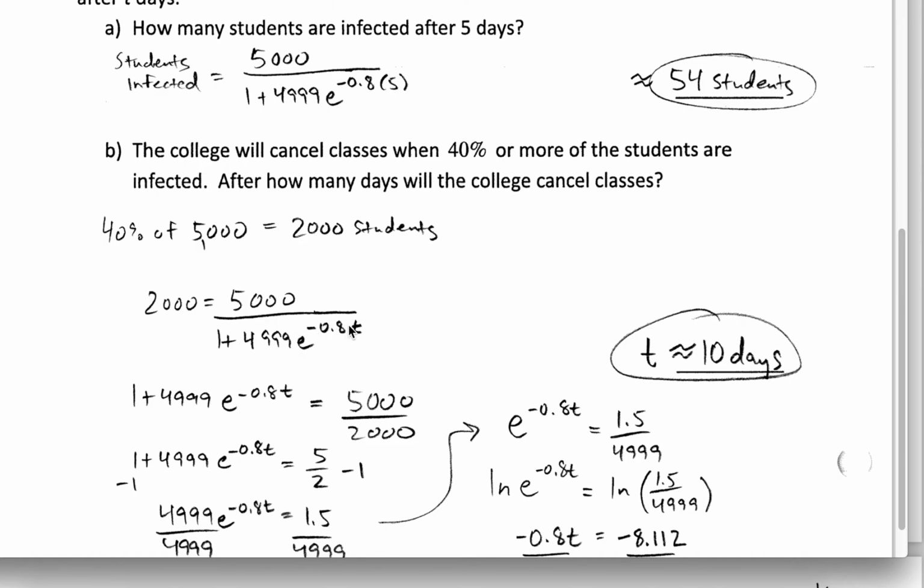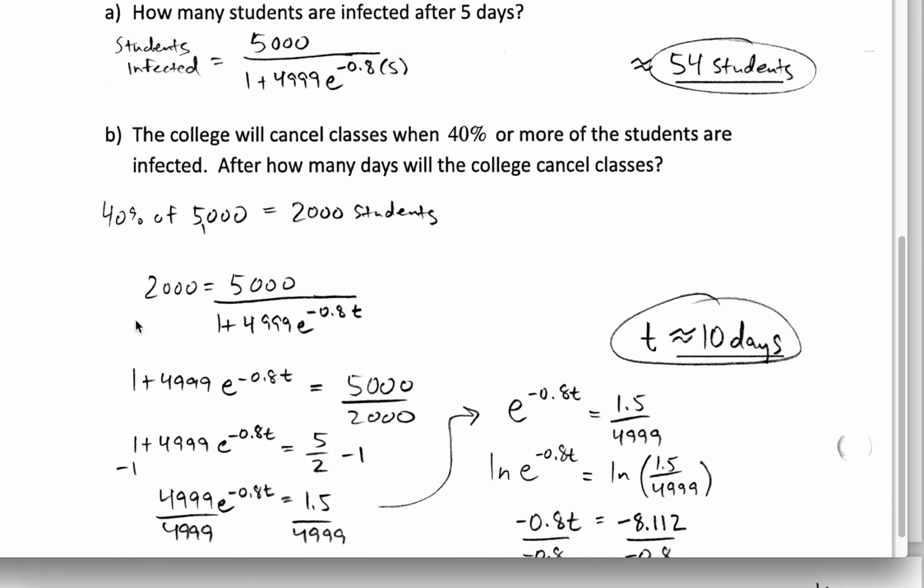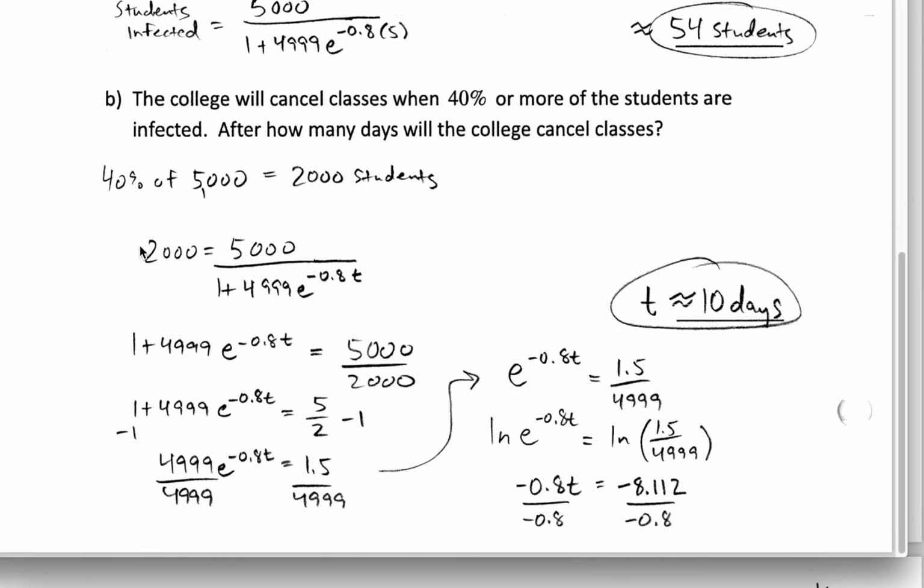First step, we are dividing by this quantity, so we're going to undo that by multiplying both sides. Since it's over on the left now, we need to undo our multiplication of 2,000. We're going to divide both sides by 2,000. So another way you could do this is cross multiply. So now we have the denominator here on the left side, and this 2,000 being divided on the right side.